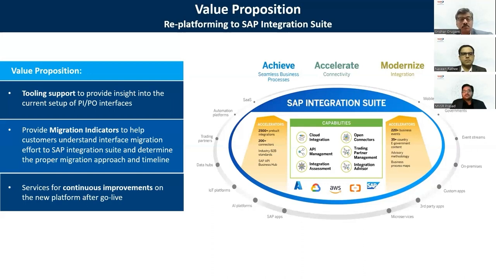All these are pre-built, so predefined. We only need to download the package, deploy, and then configure, with very minor specific skills required in terms of enhancing. So that's where the Integration Suite brings much more value proposition in terms of re-platforming to Integration Suite from PI/PO versions.